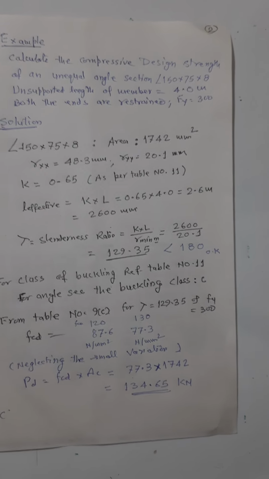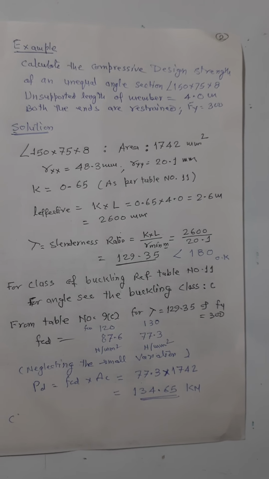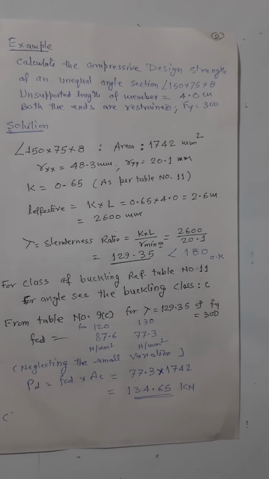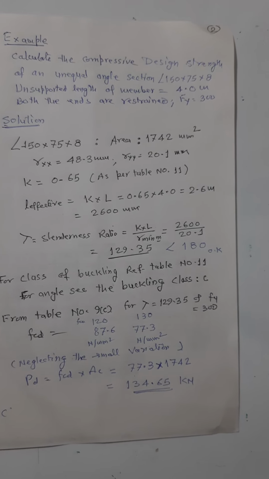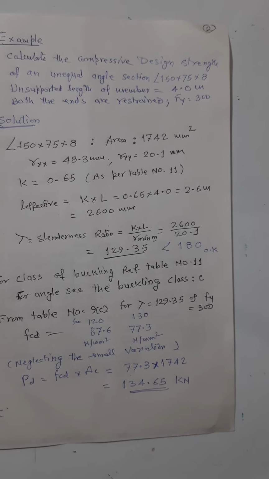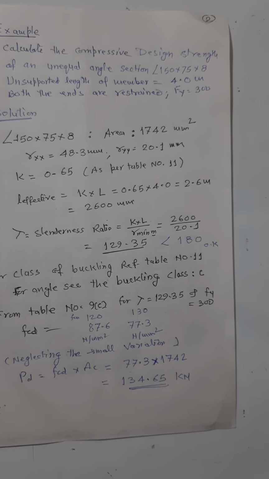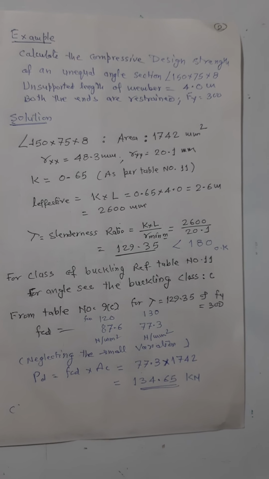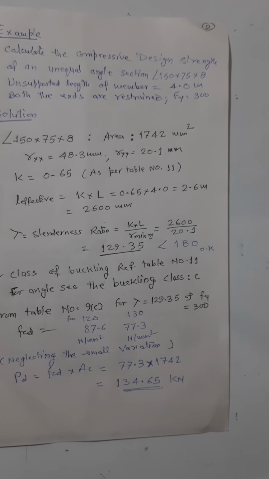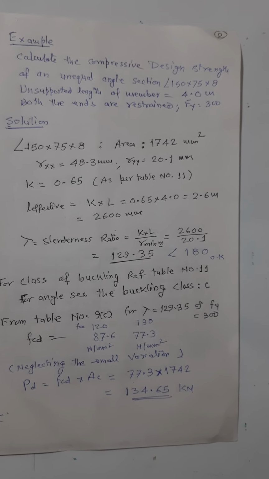But if it would have been a composite section, that is more than one, that two angles are given or two channels are given or two I sections are given, then you will have to find out this value, and it is better to go for the Rxx and not Ryy. If time permits, we will try to prove why Rxx is minimum when composite section is there.